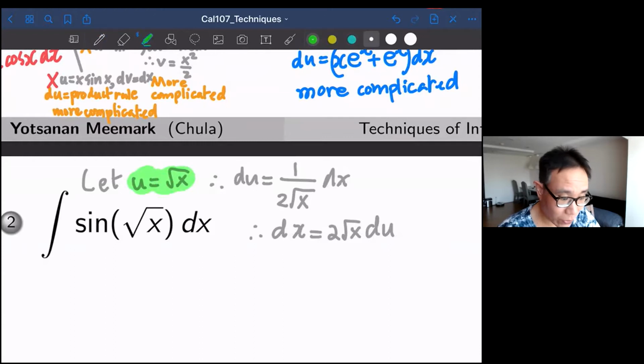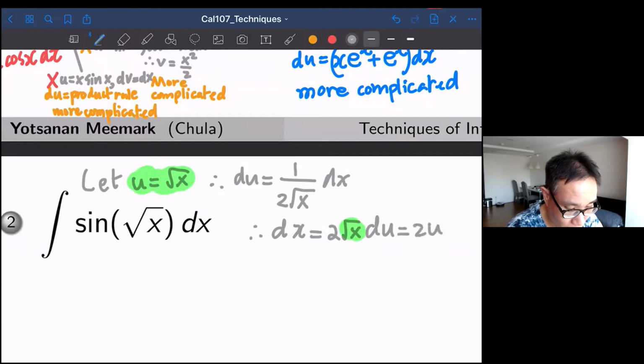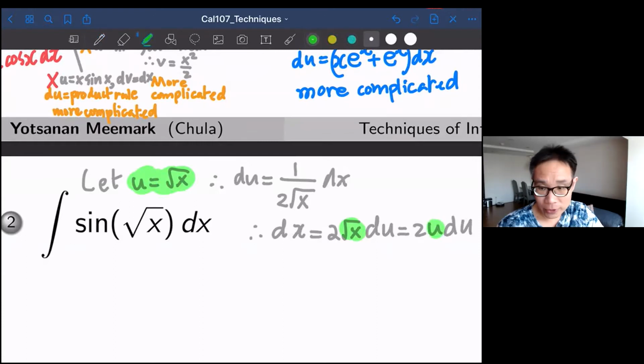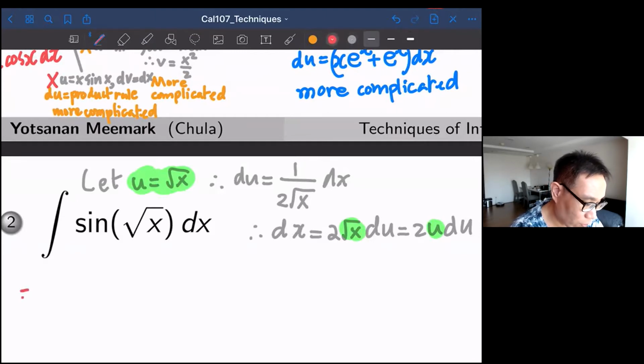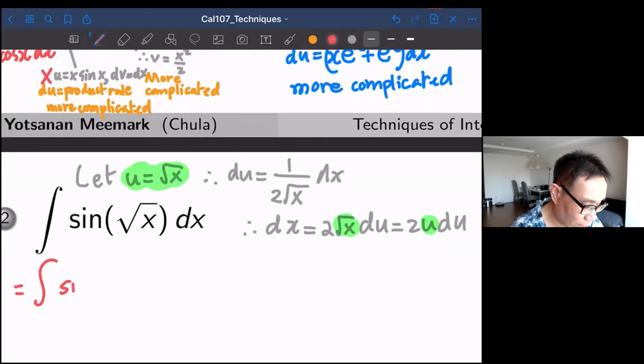So this will be 2u du. Okay, so this is the thing that you may see first. And then you're going to substitute. So this is the trick that we have learned before. So it's going to be sin u, and dx is going to be 2u du.